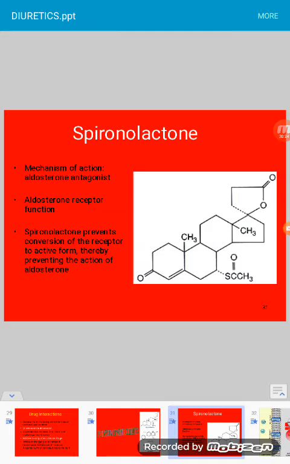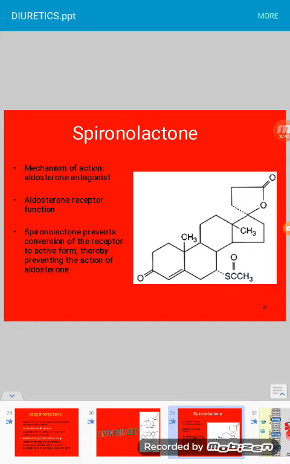So you use potassium sparing diuretics along with the other diuretics, or alone, to prevent severe hypokalemia. One drug is spironolactone, whose mechanism of action is as an aldosterone antagonist.